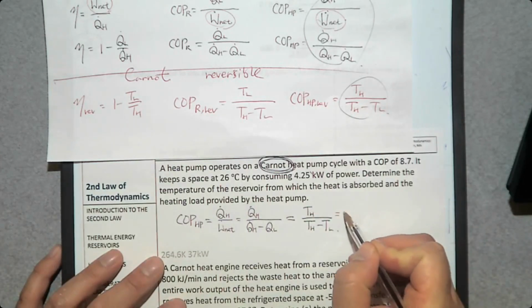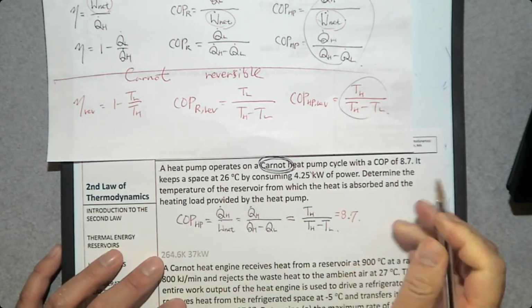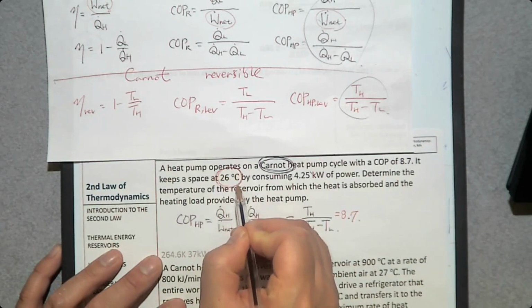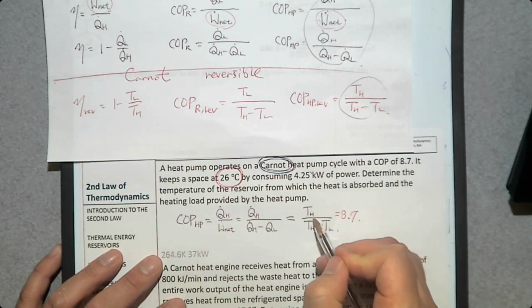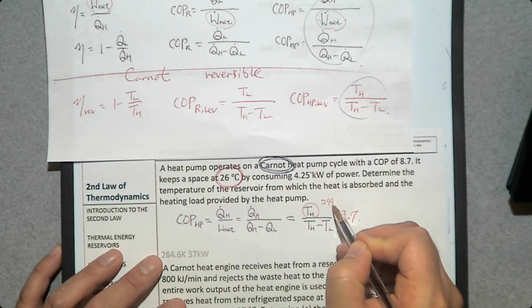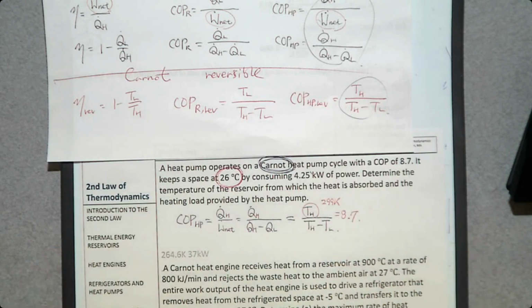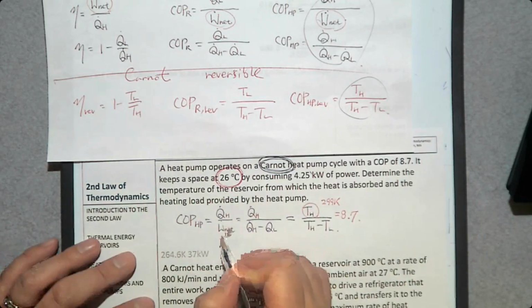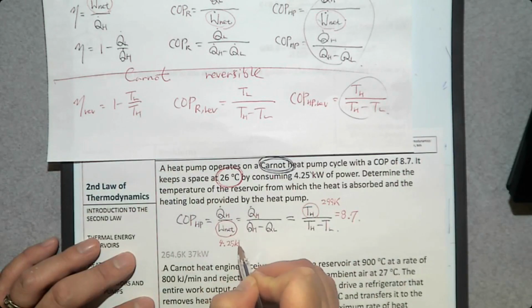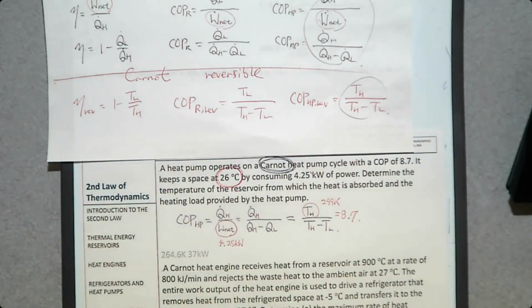So this is 8.7. And the indoor temperature is 26, so this one is 26, right? No, 299 Kelvin, by consuming 4.25 kilowatt of power. Determine the temperature of the reservoir from which the heat is absorbed.